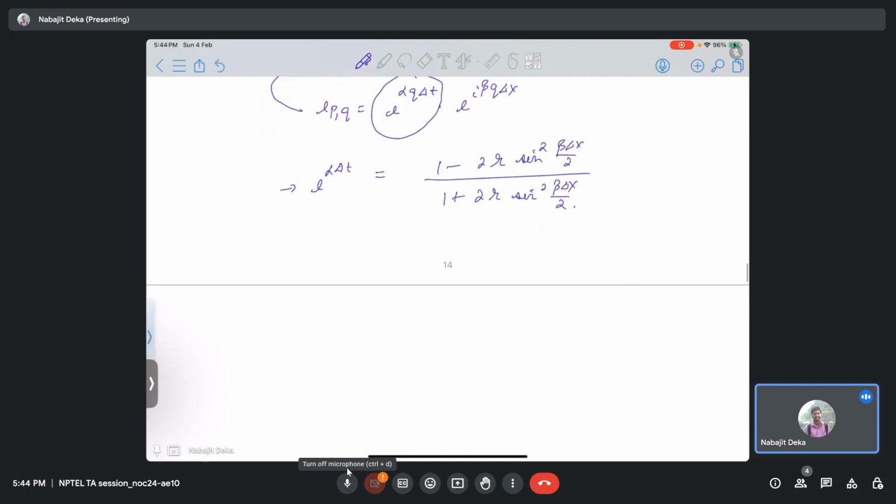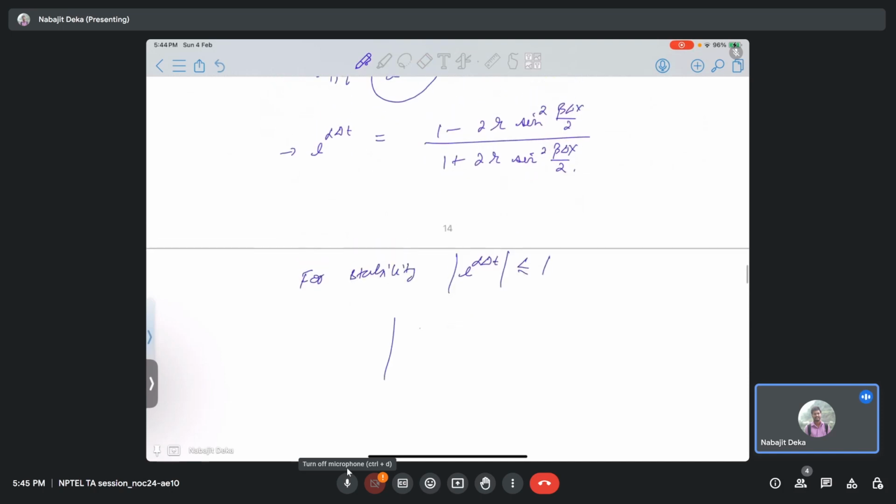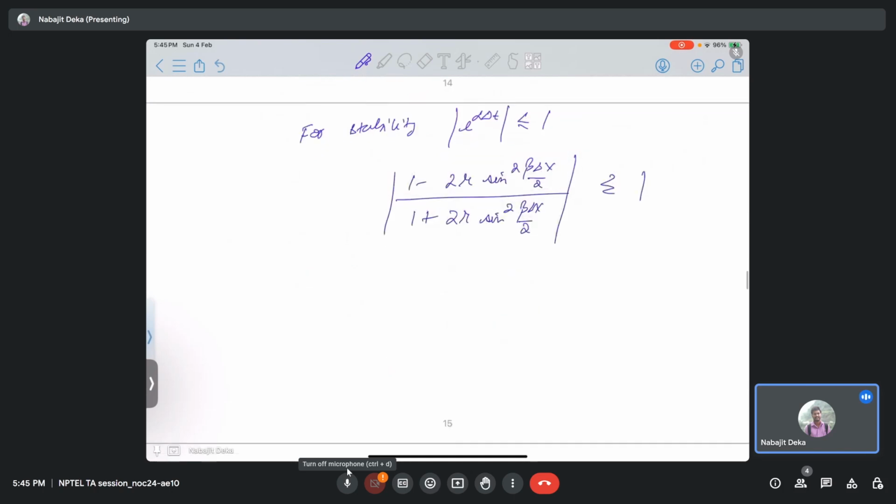So now for stability, this e to the alpha delta t has to be less than 1. The magnitude of this has to be less than or equal to 1. Now if we see here, this is what we get.